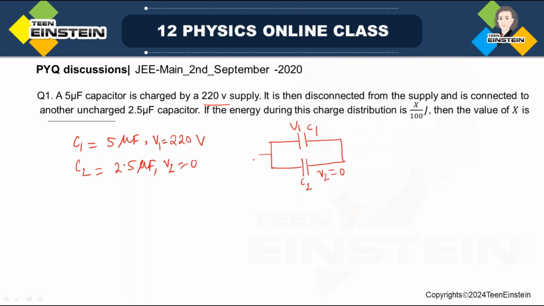Let us say that common potential is V. If this is the situation, then the change in the energy during this charge distribution, actually there will be loss of energy. So loss of energy during this charge distribution.